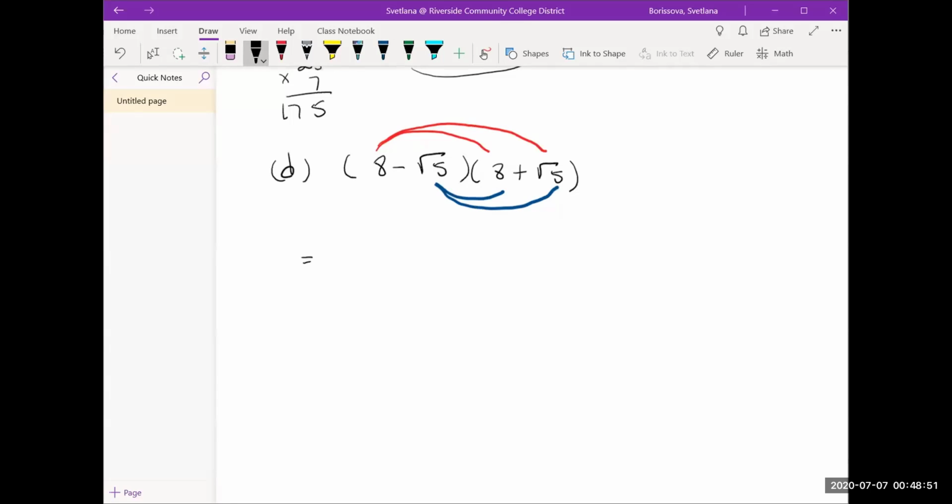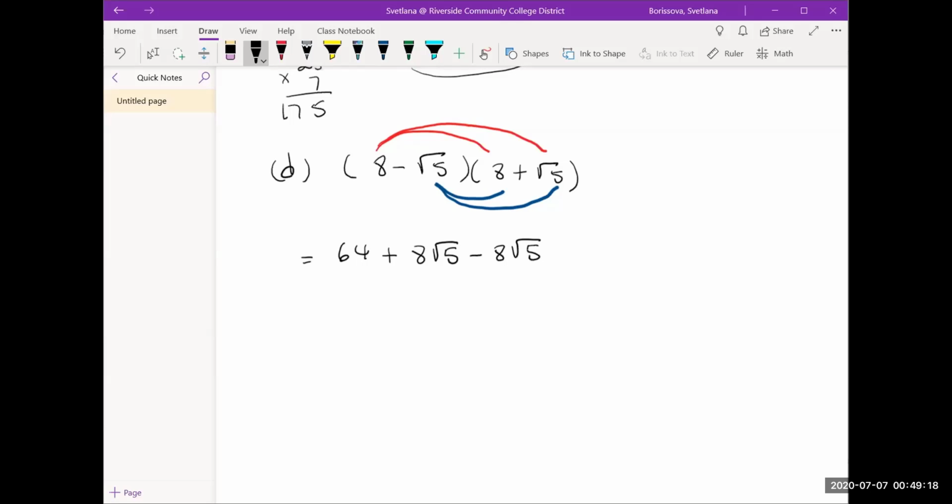So that gives us, and here we can just get the result right away. 8 times 8 is 64. 8 times square root of 5, well, they cannot see each other, so the only thing I can do is just write them next to each other like that: 8 square root of 5. Then it's negative square root of 5 times 8, so that's negative 8 square root of 5 again. 5 and 8 cannot see each other.